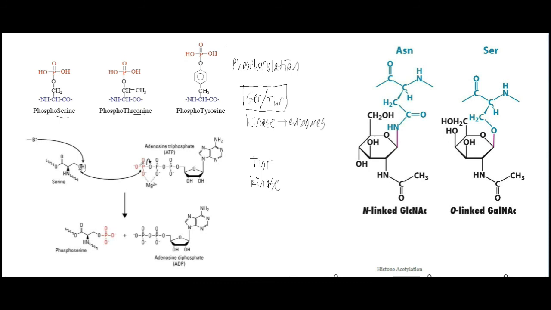Then that will attack the third phosphate on ATP, and then it will take the phosphate off of that, turning it into adenosine diphosphate, ADP, and thereby phosphorylating our hydroxyl group, our alcohol group on the protein. These little squiggles mean that there could be a bunch of protein going off from that, and this is something we will run into all the time in later videos.